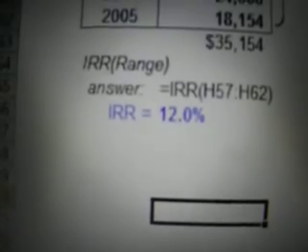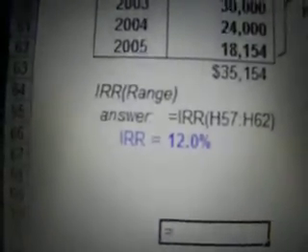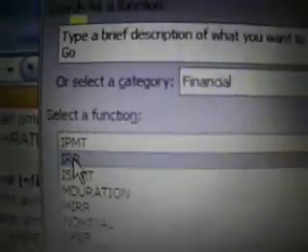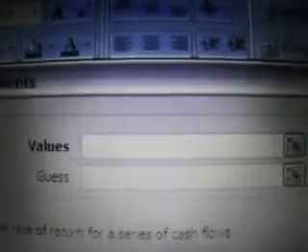I'm going to click on the function and we'll go for the internal rate of return, which is right here. Click OK, and all it's asking for is the values. Where are the cash flows? And we just discussed that the cash flows are in E57.